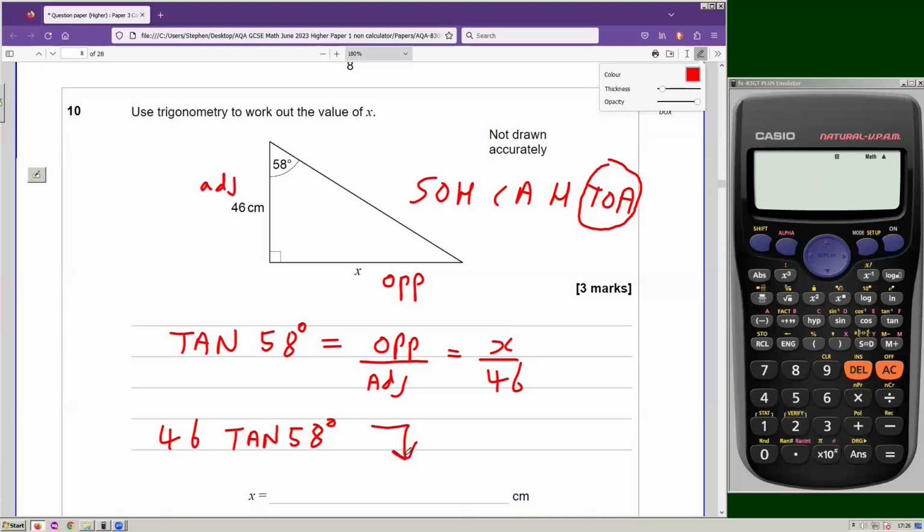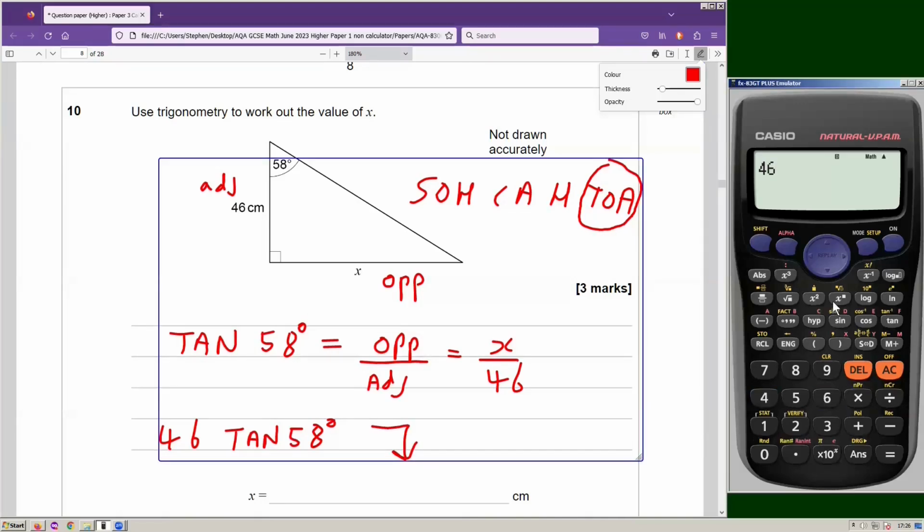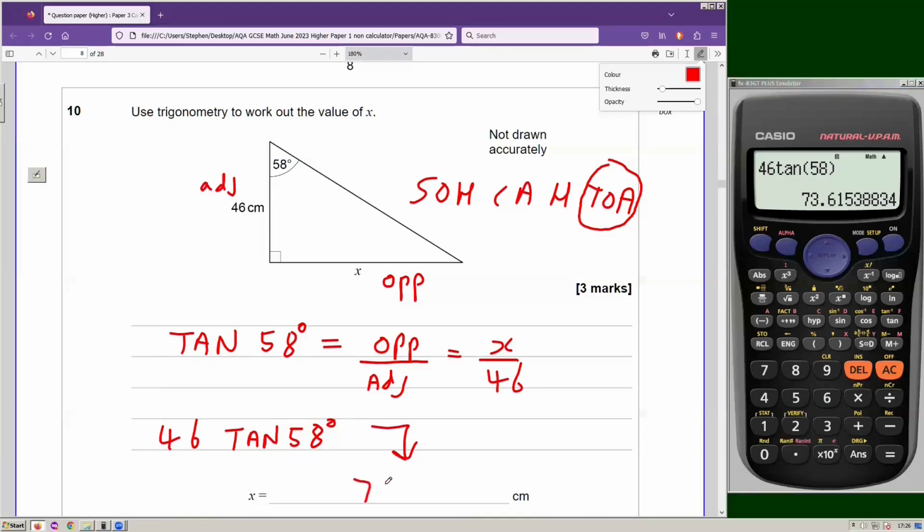Put our answer in there. 73. And yes, we would expect it to be bigger than the 46 because the angle is bigger than 45.